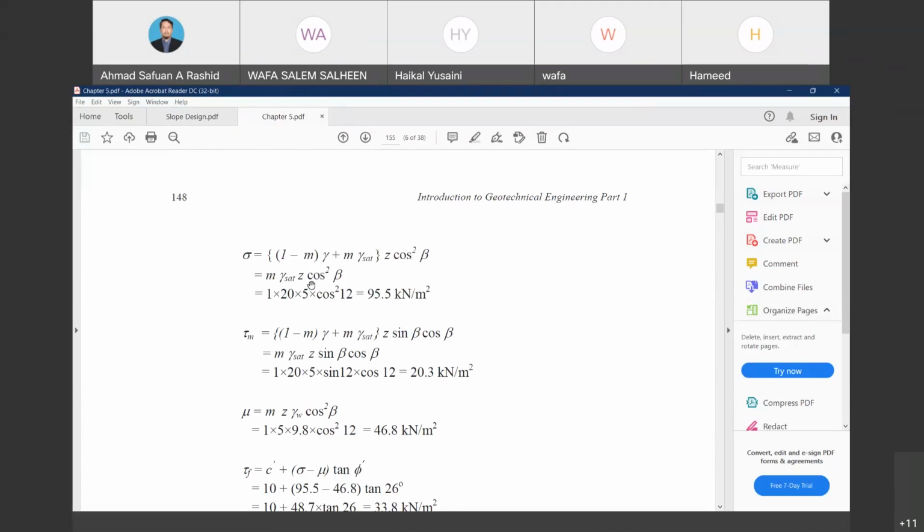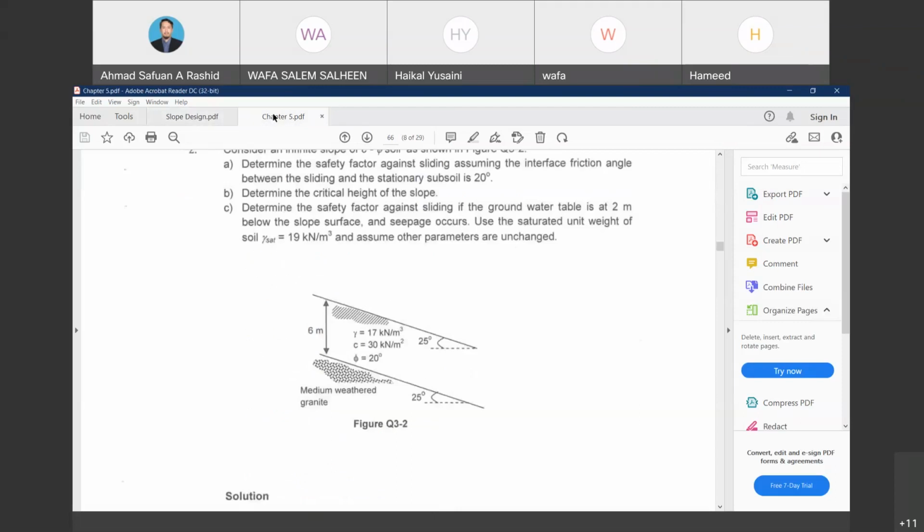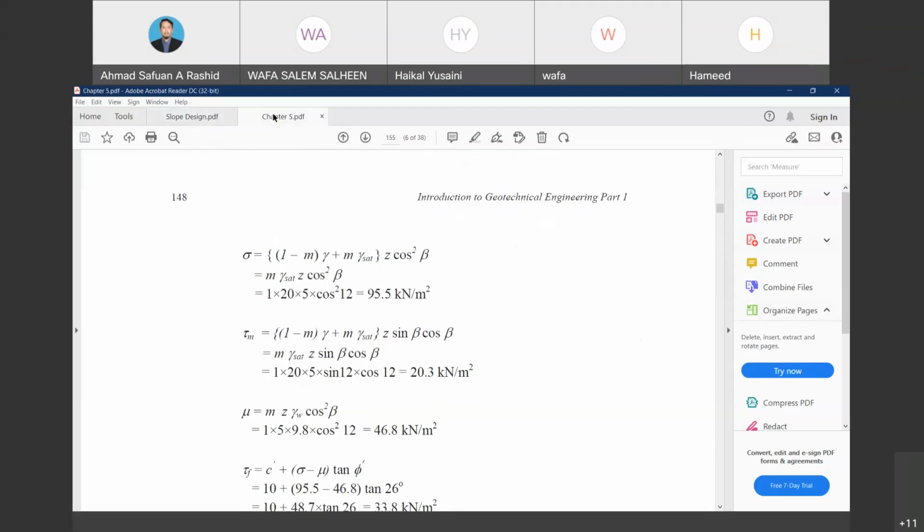So we use this equation: 1 minus M, where M is 0.67, times the unit weight 17, plus 0.67 times 19, where 19 is the saturated unit weight, then times Z. Z is equal to 6 meter, times cos square beta. The beta is 25.